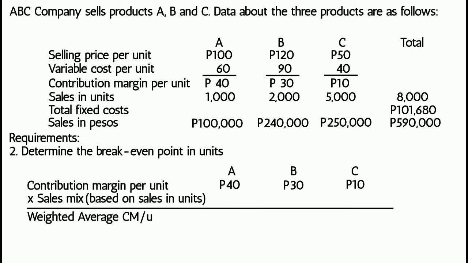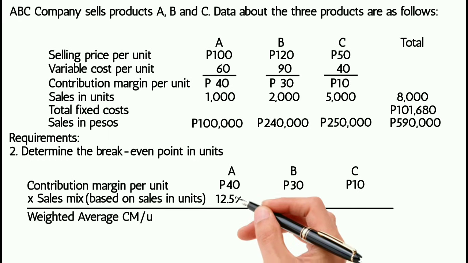In order to compute for the sales mix, get the sales in units for each product and divide it by the total sales in units. For product A, ang sales in units ay 1,000 units. At ang total sales in units ay 8,000 units. 1,000 units divided by 8,000 units, that is equal to 12.5%.